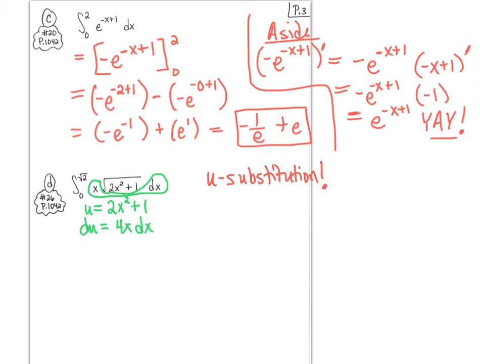So then we're going to divide both sides by 4 here, and we get 1/4 du is equal to x dx. Okay? Now, one thing when you do a u substitution for a definite integral, when you put your integral in terms of u, your limits of integration also need to change.